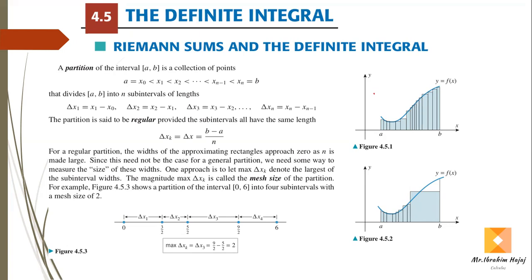Okay, to divide it into small portions or small rectangles, if we imagine that we are finding here the area under this curve on the interval a to b, such that a is equal to x0 less than x1 less than x2 and so on. And here x1, x2, x3, x4 and so on till you reach the p.